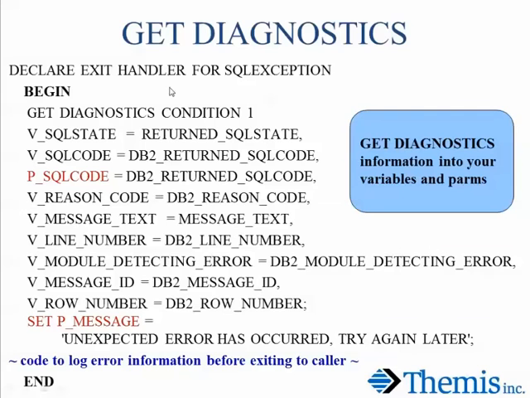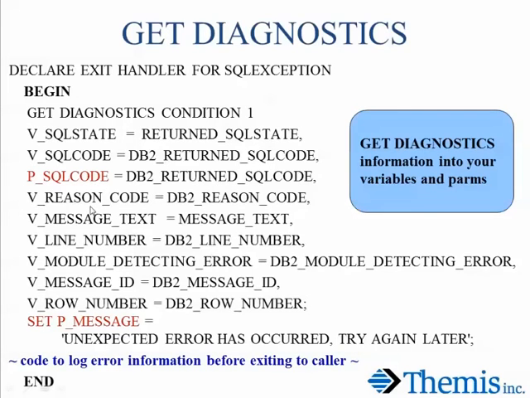The GET DIAGNOSTICS itself, you will declare here. Here's a declare of an exit handler. And I'm doing the GET DIAGNOSTICS and I'm getting from the diagnostic area, from my error condition, my return state, moving it into my variables, the variable SQLCODE, and also the parm, moving the SQLCODE to the parm because that gets sent back to the user, caller.